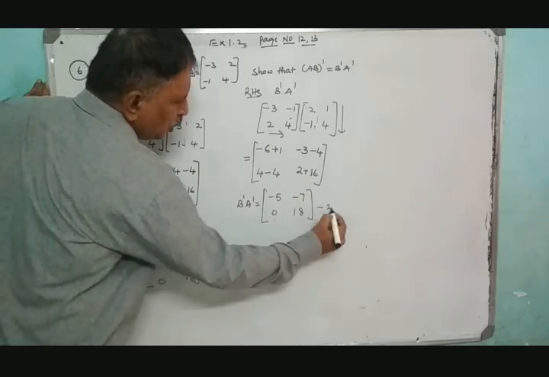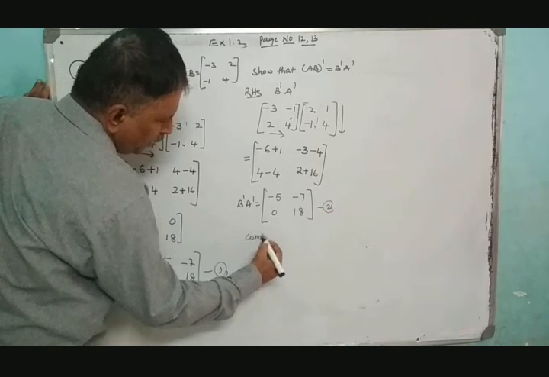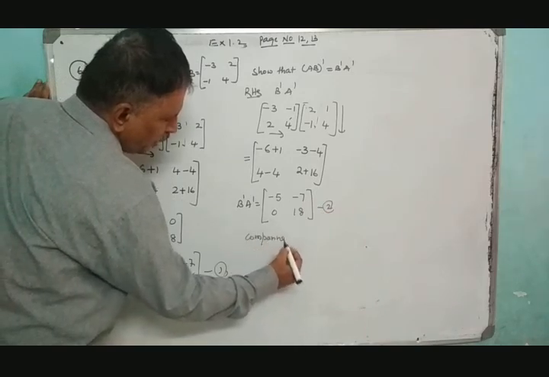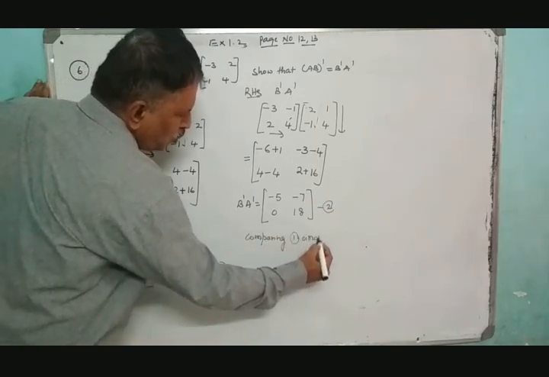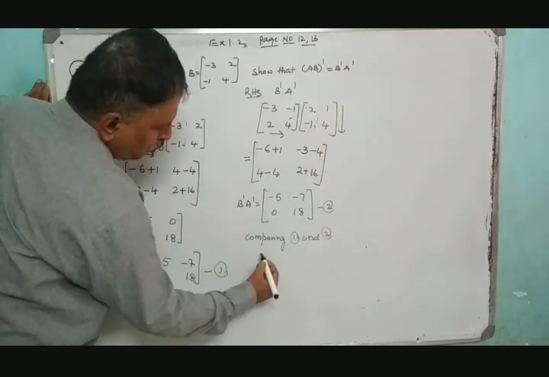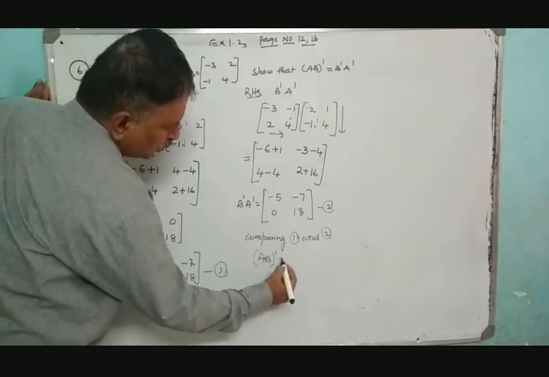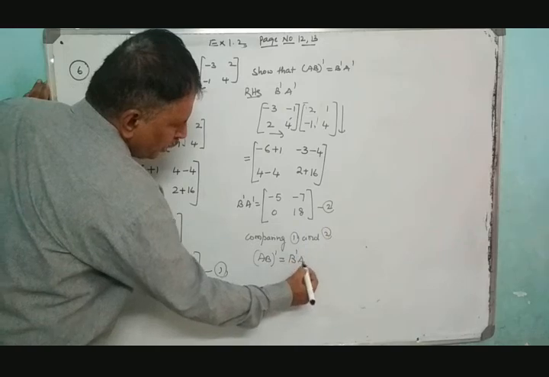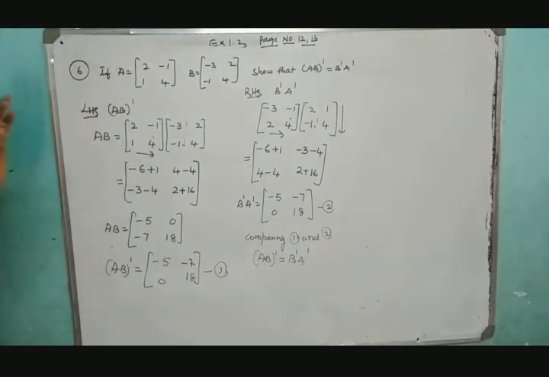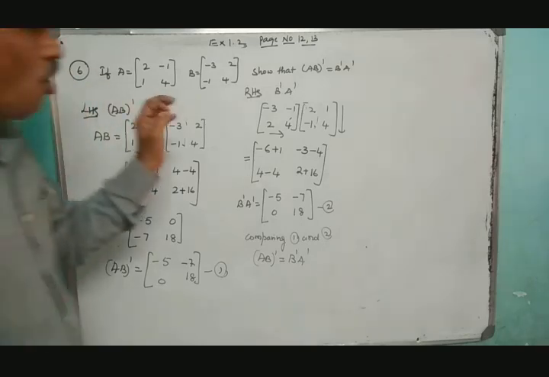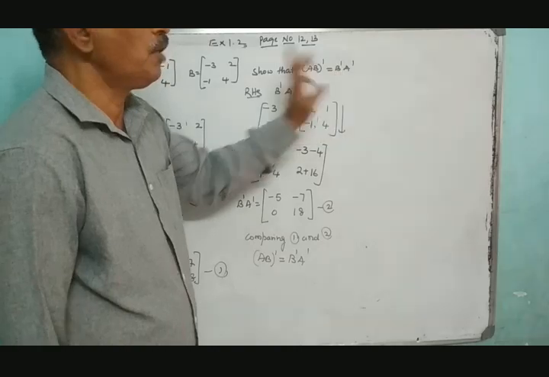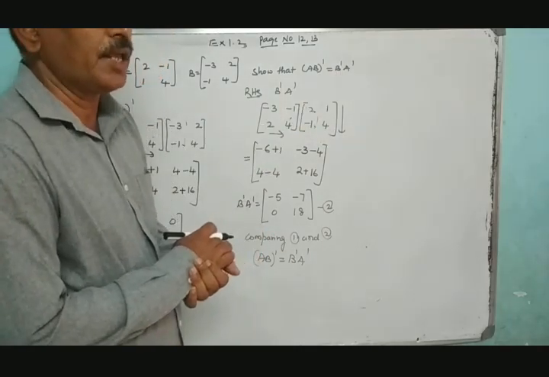Call this equation 2. So comparing 1 and 2, (AB) whole transpose is equal to B transpose A transpose. Remember, always, irrespective of the elements given, (AB) whole transpose will be B transpose A transpose.